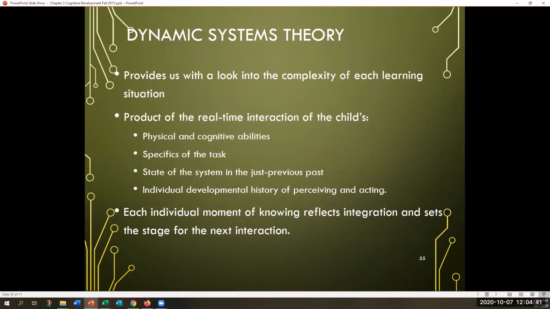So according to this theory, you have to look at the whole system of the child in respect to how they develop communication. And the state in which they're developing their cognitive skills is also going to be affected by what life situation just happened prior to them, and what is happening right then and now.